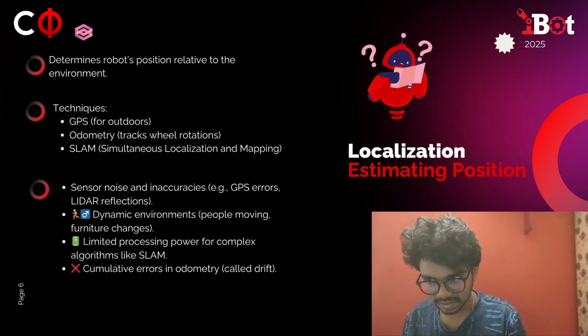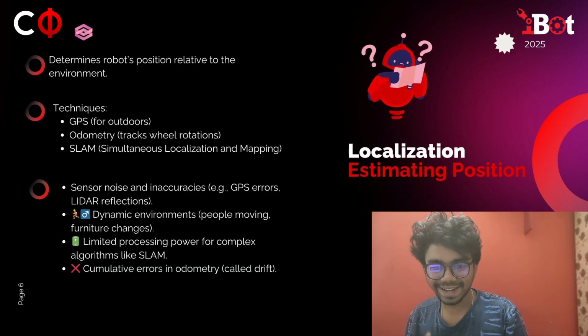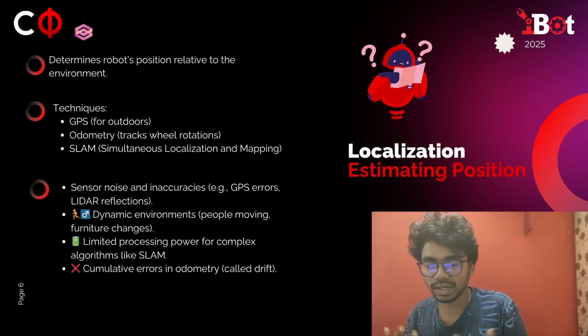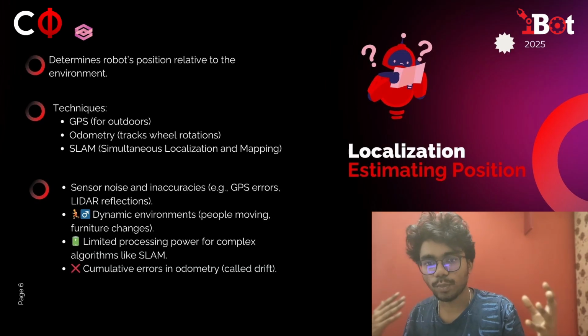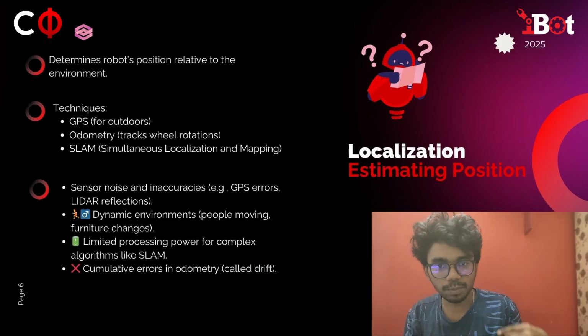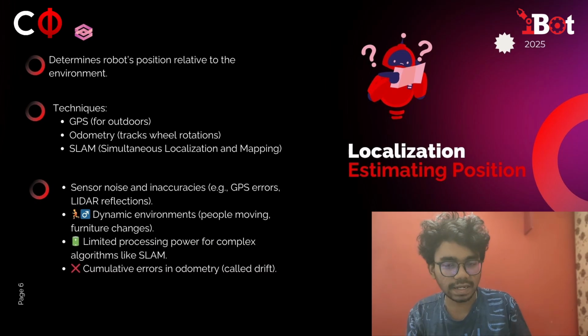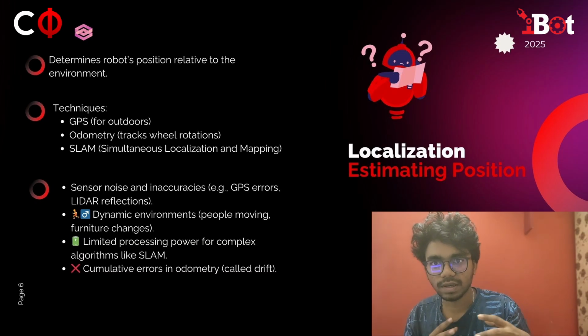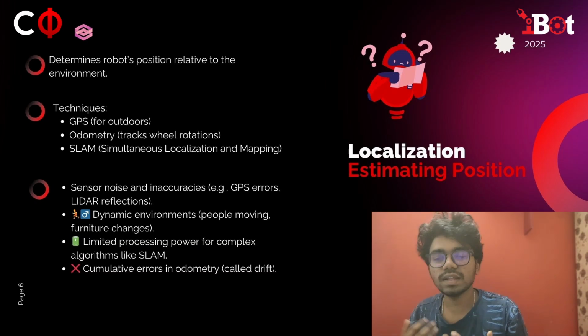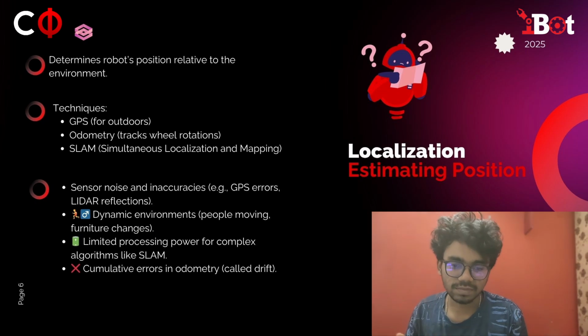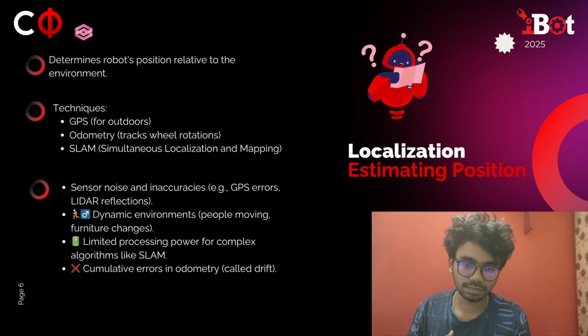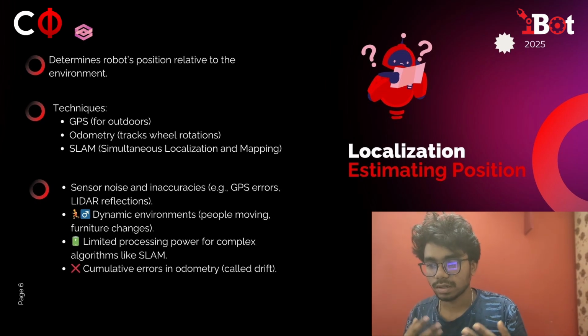One is GPS, and the other is tracking where it is, like odometry. As I said, using those IMU sensors, from its velocity and previous location, it tracks how much it went forward and remembers that. And then there is SLAM, which we will dive deep into in the third lecture.